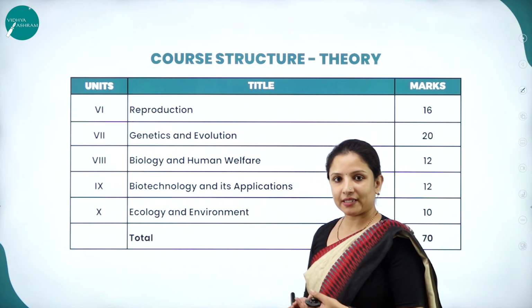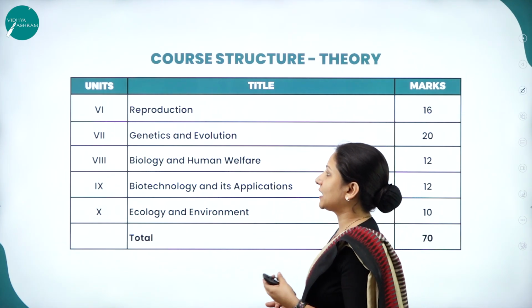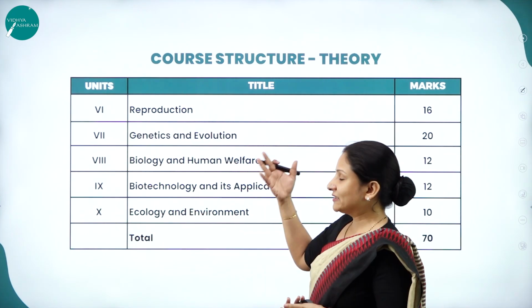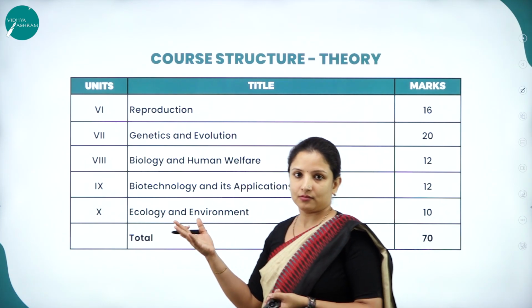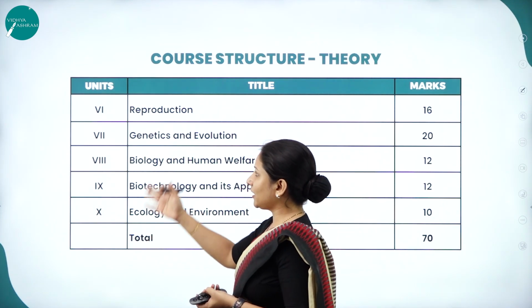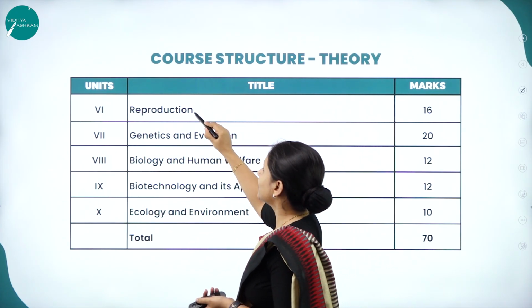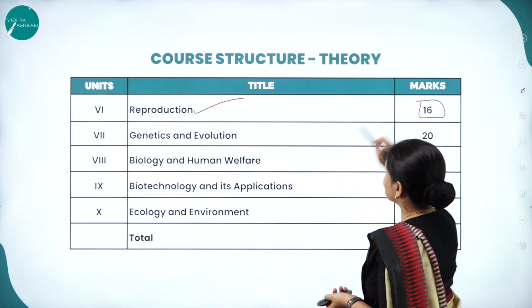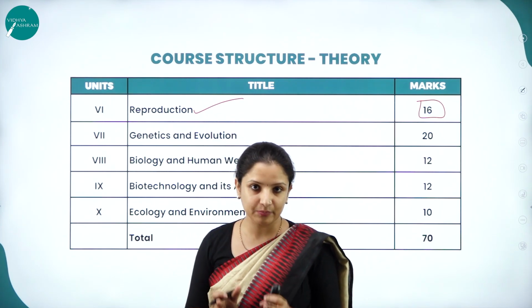So the syllabus mainly consists of 5 units. Here I've started from unit 6, 7, 8, 9 and 10. The first to 5th units are what you have studied in your 11th biology. So here the remaining is a continuity, wherein the 6th unit is about reproduction. Reproduction carries a total of 16 marks in the question paper that is set for CBSE biology.